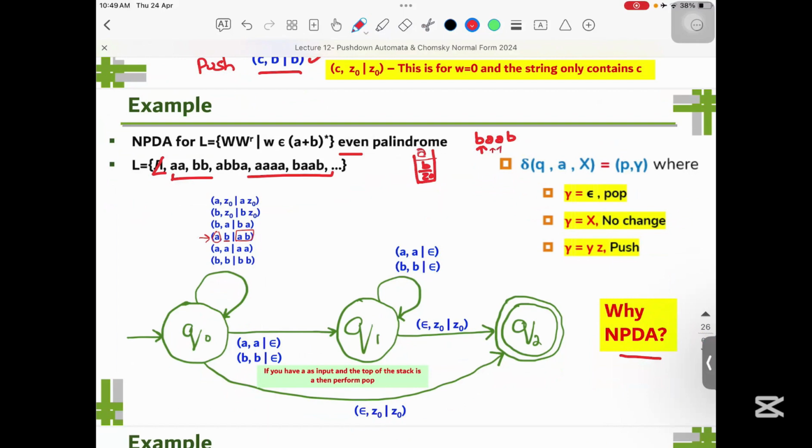Now, when it comes to another A, you can see that if the stack top is A and the input is A, we have one path here, and we also have another path here. That's why the computer will run two possible paths.